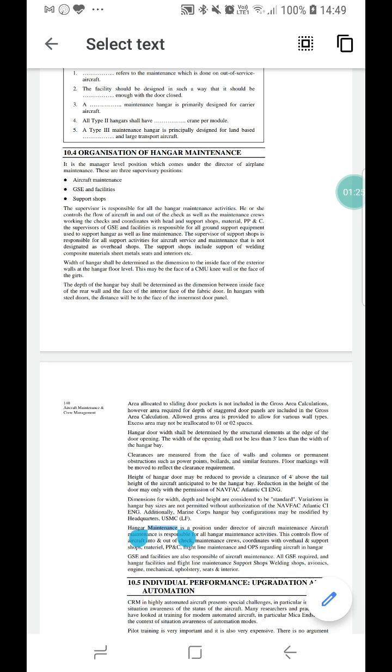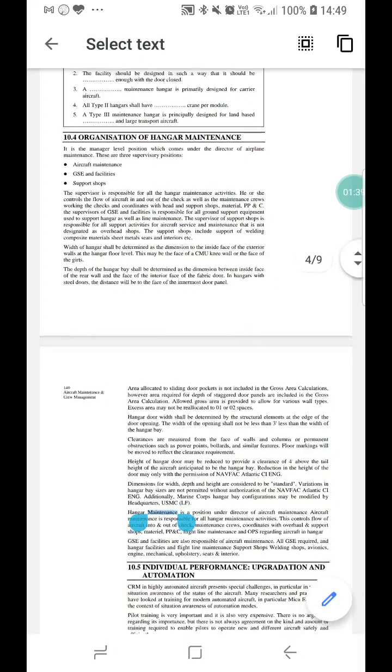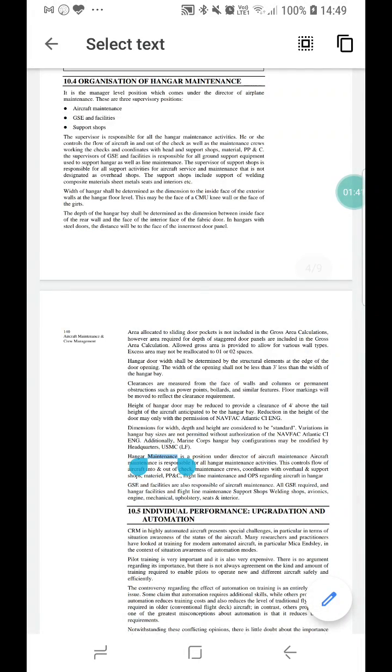Hangars with steel doors also have doors so that when the aircraft enters, or is still outside, the tail of the aircraft will be out, but maintenance can still be done inside the hangar. They also have sliding door pockets, which do not get included in the gross area calculation when we check the size or dimensions of the hangars.